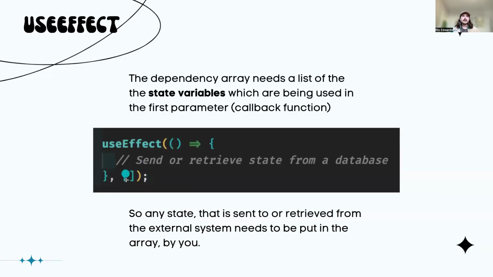And then there's another detail, which I didn't make a separate slide for, but one detail is you can leave this dependency array empty and it will call this function when the component loads and then never again. So if you want to sync to the database, but then never again, you just do it right when the component loads, you can leave this dependency array empty, and that's kind of what that translates to.